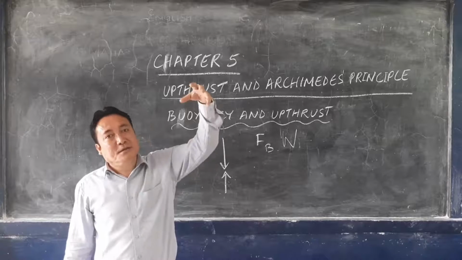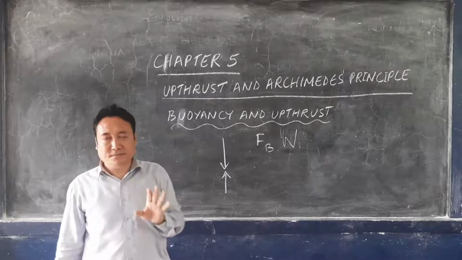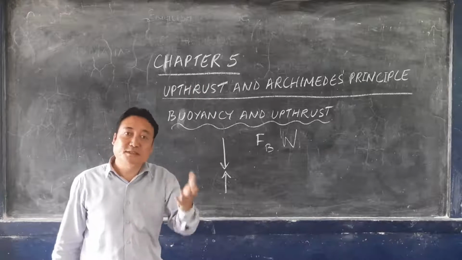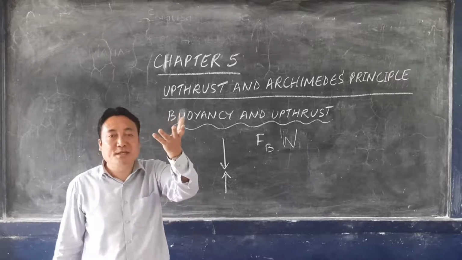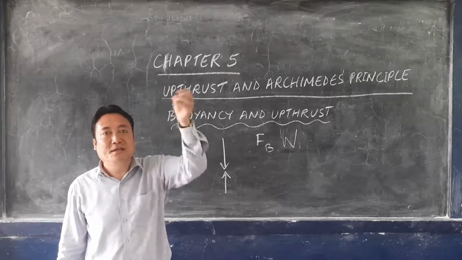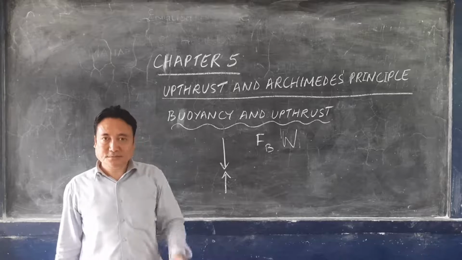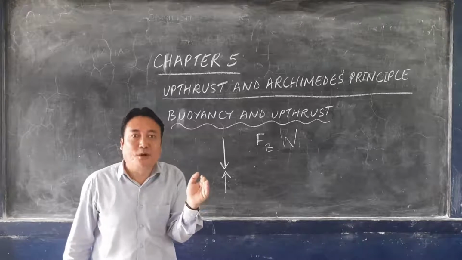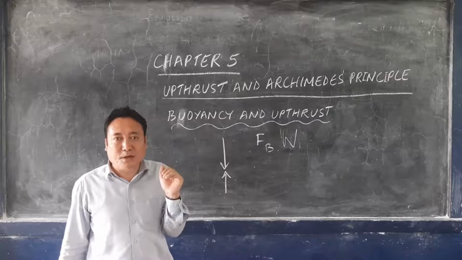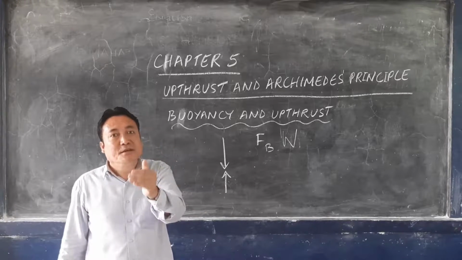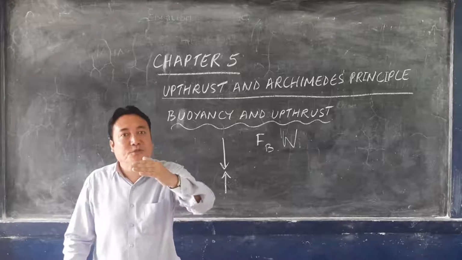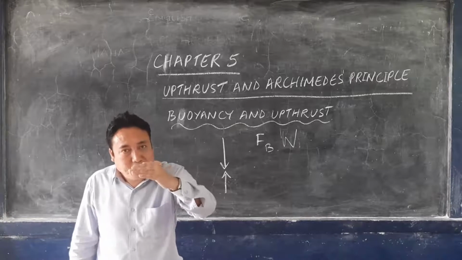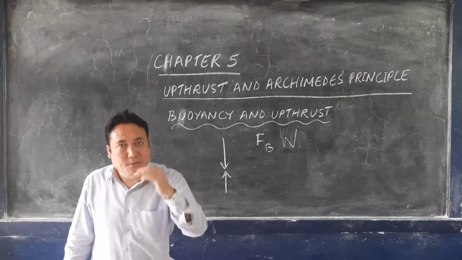And if the weight of the body is more than the upthrust, the upward force exerted by the liquid is less, and the weight of the body will be more, therefore the body will sink. And when the upthrust becomes equal to the weight of the body, then they will float, in which the larger portion of the floating body will remain under the water.